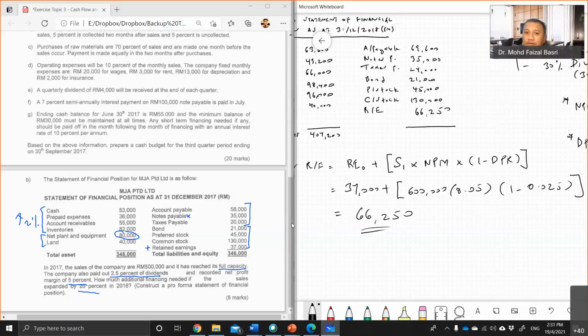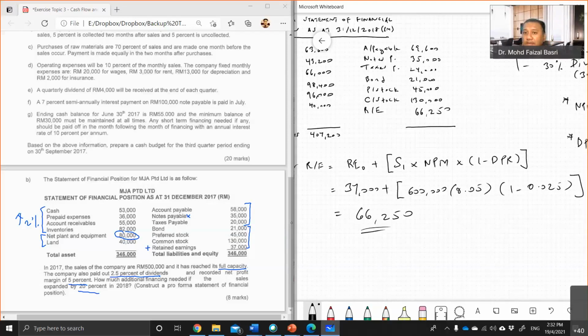So similar to before, you're going to add every single item here. Okay, can you check for me?